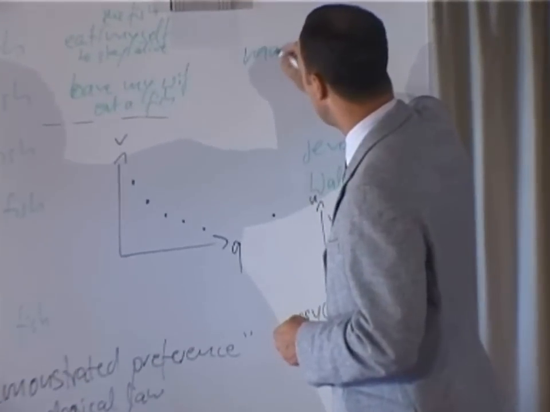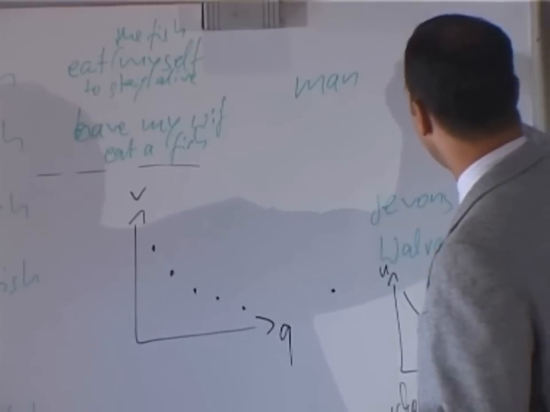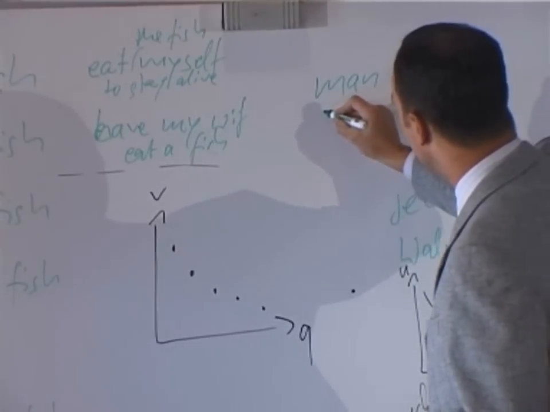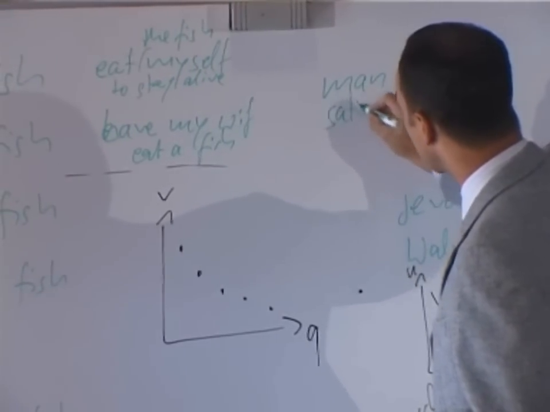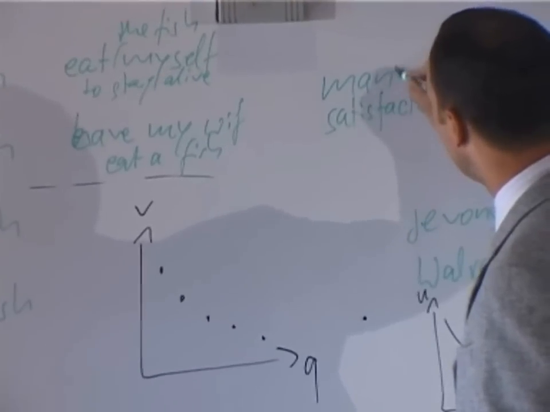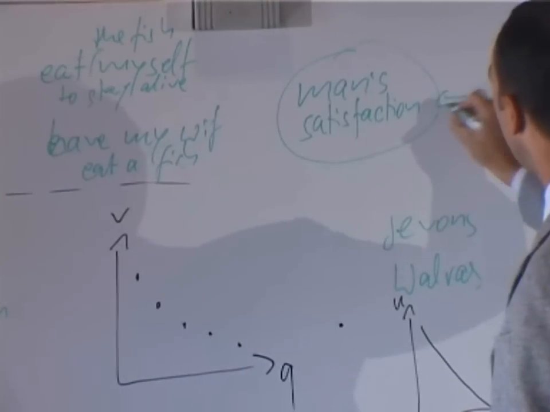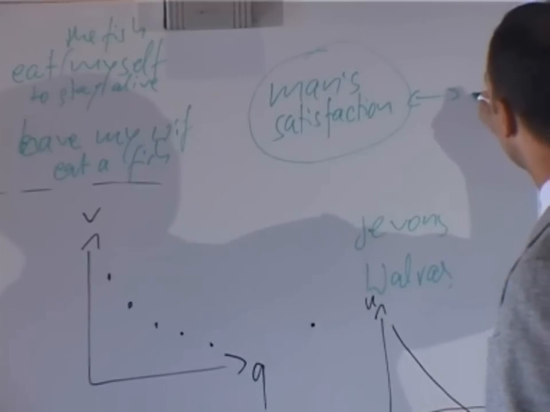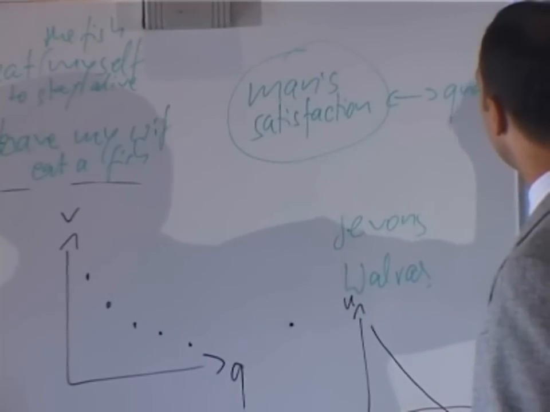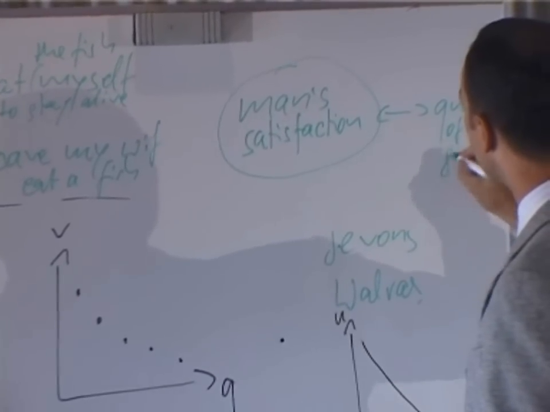We have a man, now in the general sense, men and women, and we have his satisfaction and we have the quantity of a good.